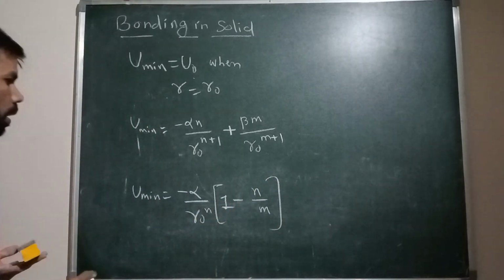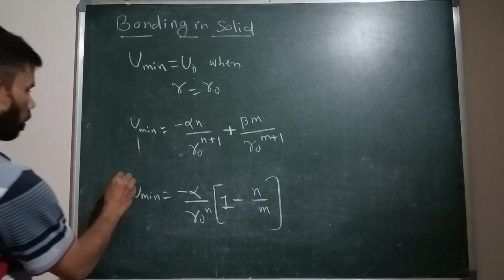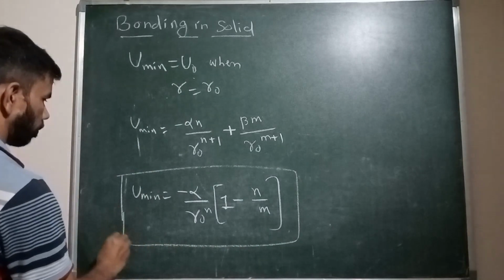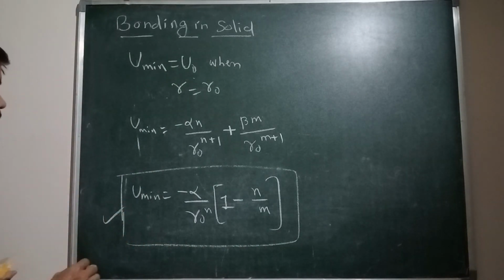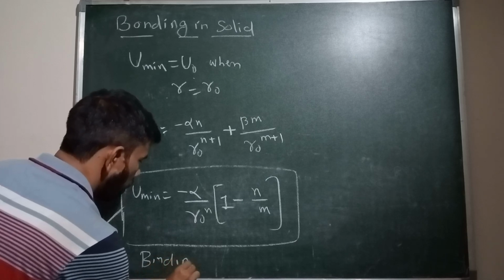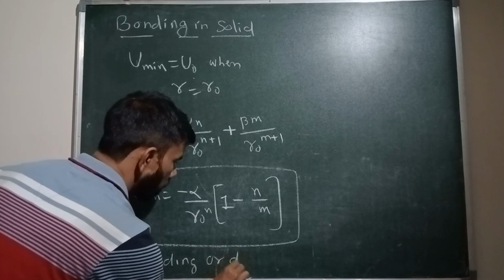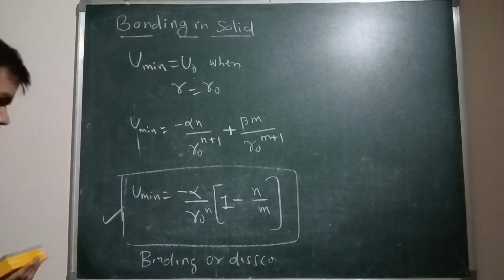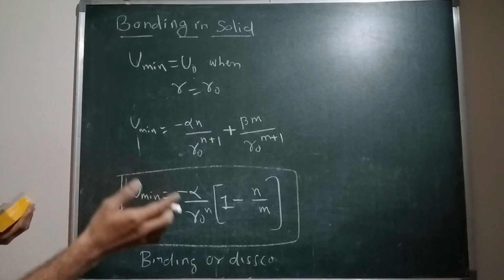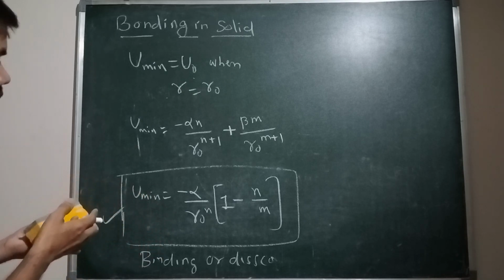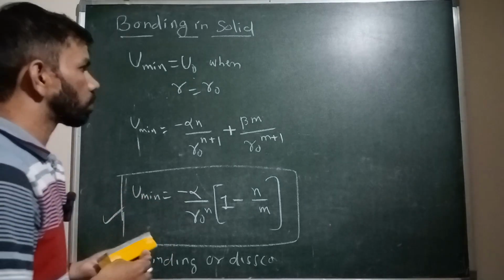This is the condition of the minimum or dissociation energy. This equation shows the binding energy or dissociation energy which separates the atoms in the molecules.